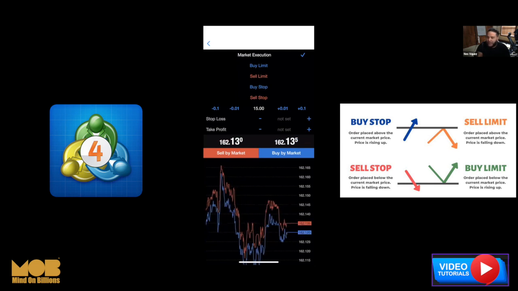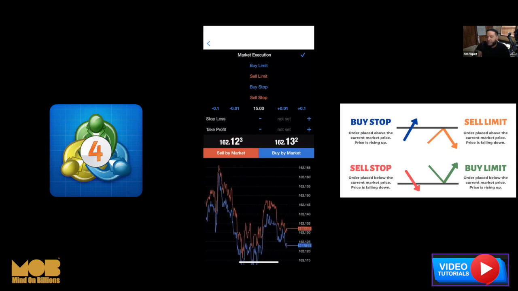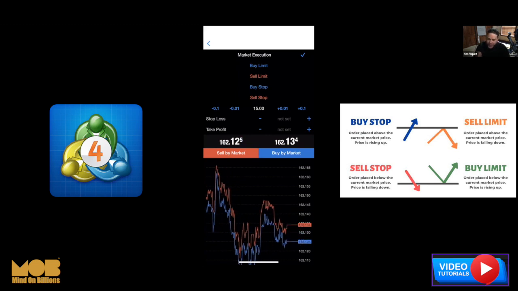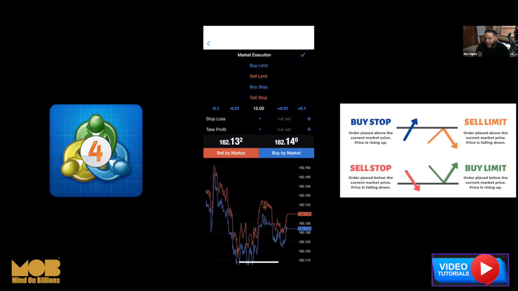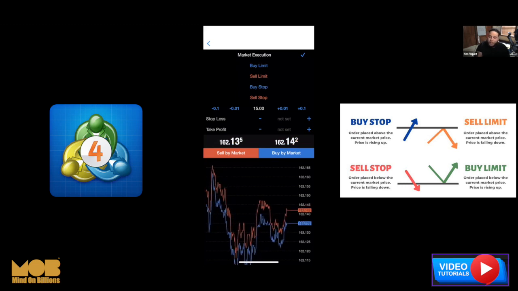In the buy limit, the order is placed below where the market is currently at. The idea is that you're placing this buy limit right at a support level or right at a buy entry zone area. The trade will activate when the price comes from the top and hits that buy limit level.